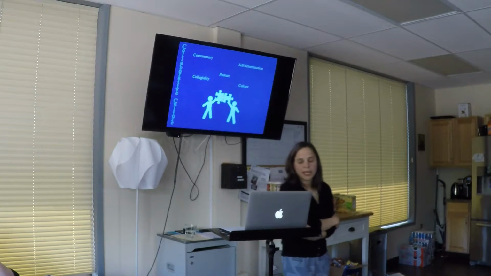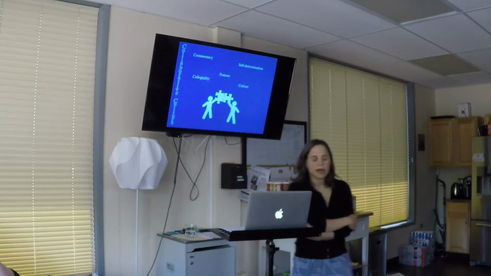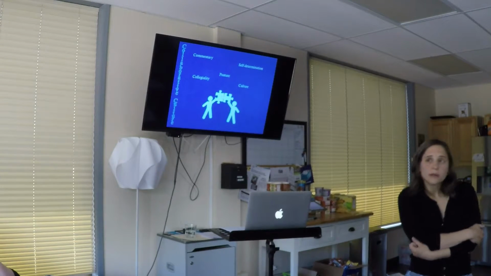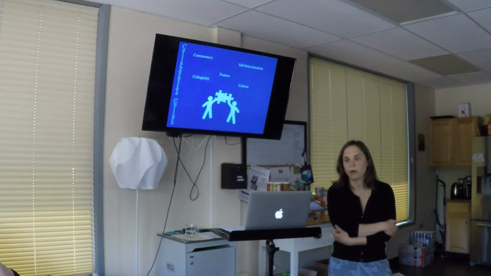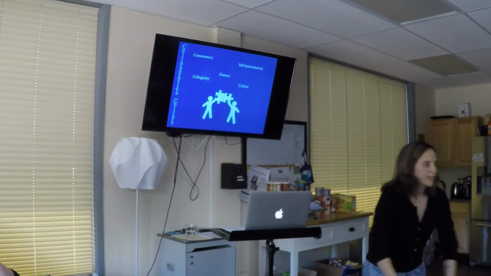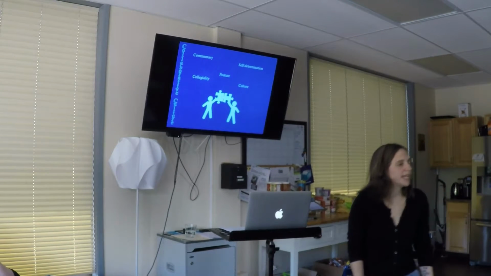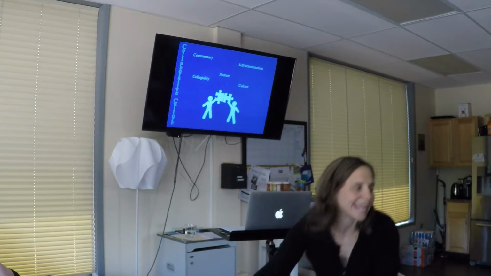Self-determination, so being able to problem solve with other people, being able to ask questions, negotiate. So if you're trying to problem solve and you say, all right, we need to figure something out. We need to figure out where we're going to put this table. I want to put this table here. As opposed to saying, what if we were to put the table right here?